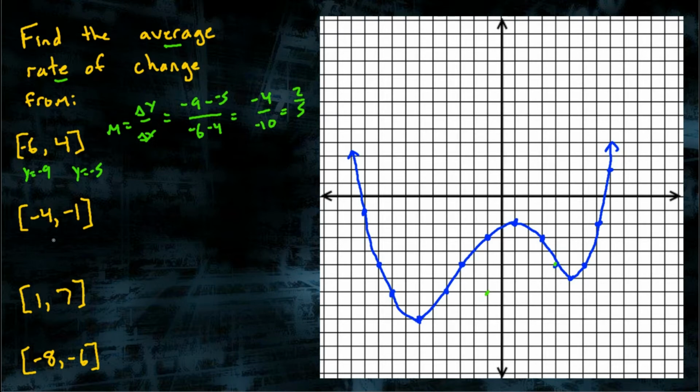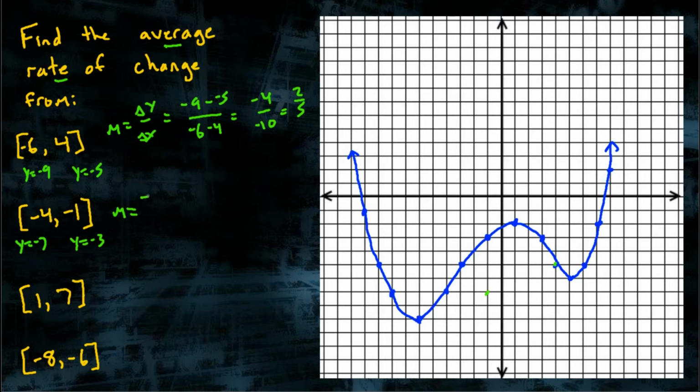Okay, so I'm going to do these others. So -4 to -1. So at -4, let's see, we are at -7. And at -1, we're at -3. So I'm just reading these points off this graph. So our slope is going to be, now it's change in y on top.